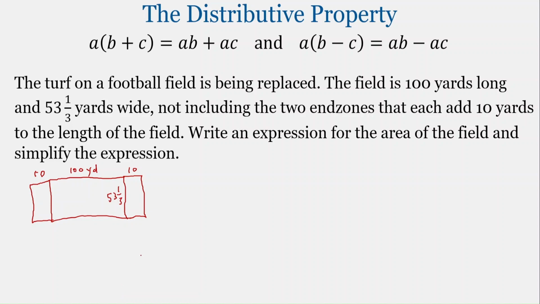So we want to write an expression for the area of the field. Well, the area of a rectangle is length times width. And our length in this case, well, the field itself is 100 yards plus 10 yards for each end zone. So there's our length. The width is 53 1/3.